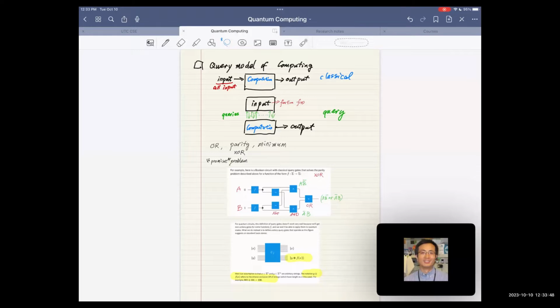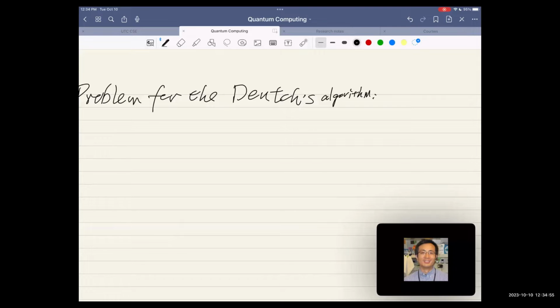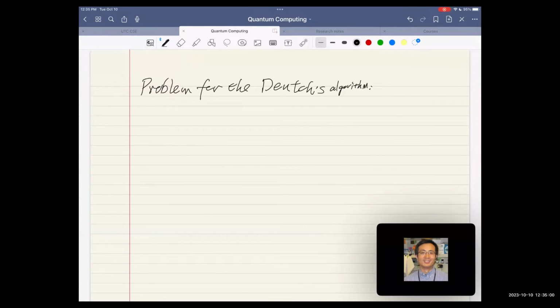So what is the Deutsch algorithm? Basically the input is the function. In this case, instead of a number input, it is a function f. It basically converts 0 and 1 to another 0 and 1.